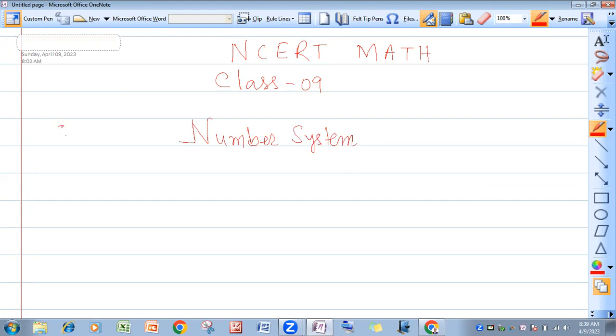First chapter, chapter 1: Number system. So in the number system chapter, we will see what is a number.